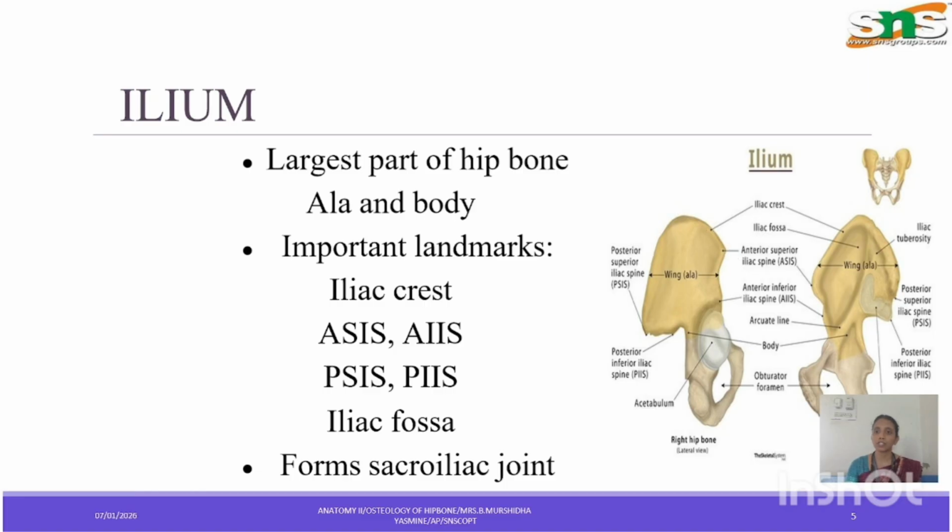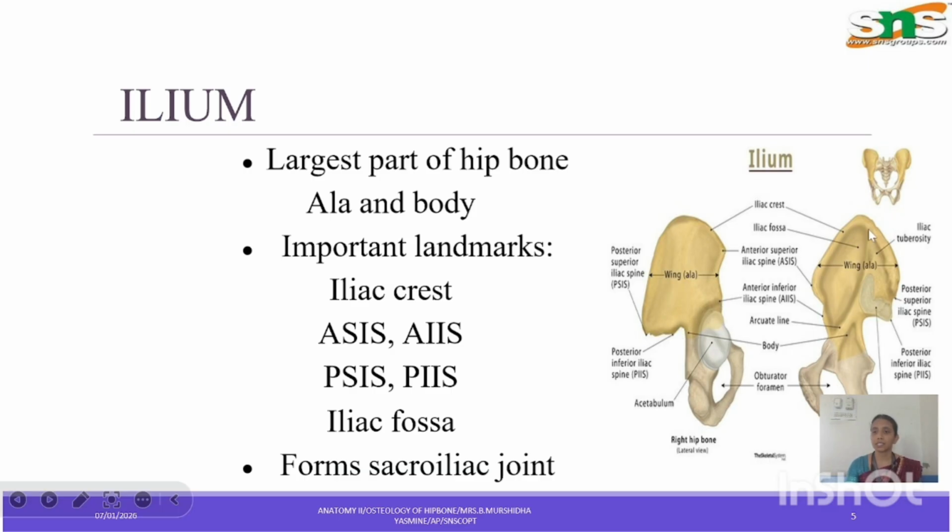The spine located anteriorly and superiorly on the ilium is the anterior superior iliac spine. The spine located immediately below it is the anterior inferior iliac spine. Similarly, there is a posterior superior iliac spine and a posterior inferior iliac spine.